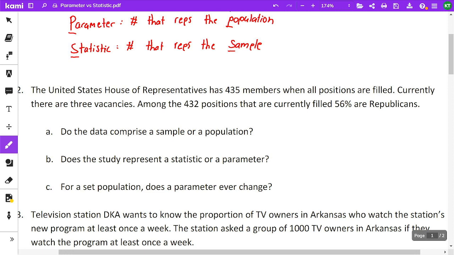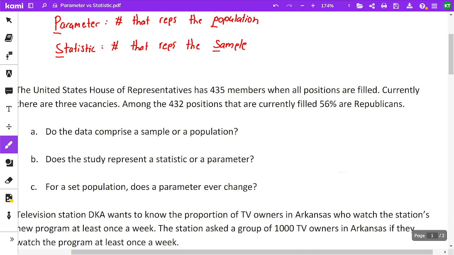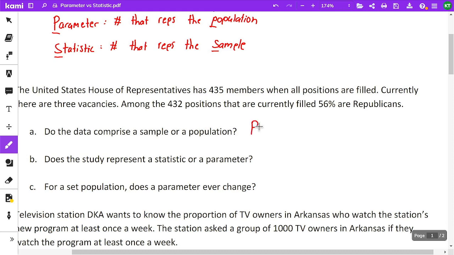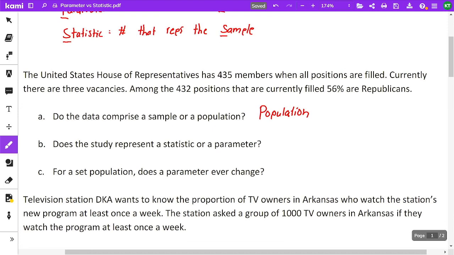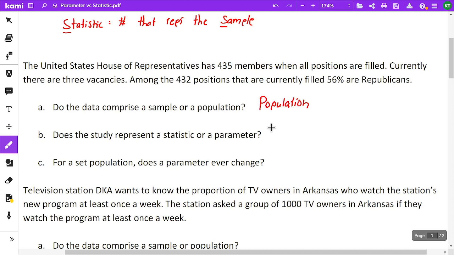In this case, it is going to be a population, and that entire population is all of the members of the House of Representatives. So, if that is a population, then the study represents a parameter, because again, population starts with P, and parameter also starts with P.